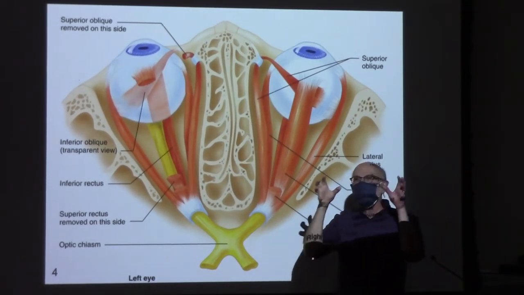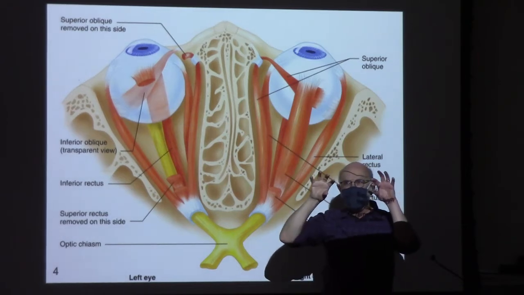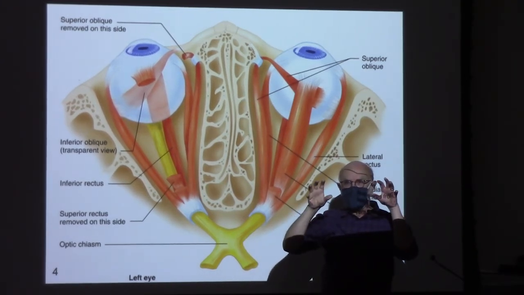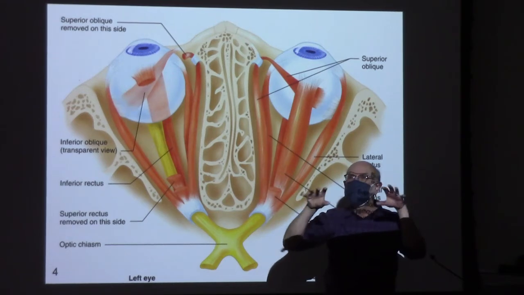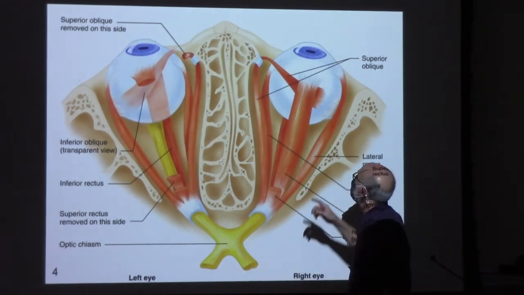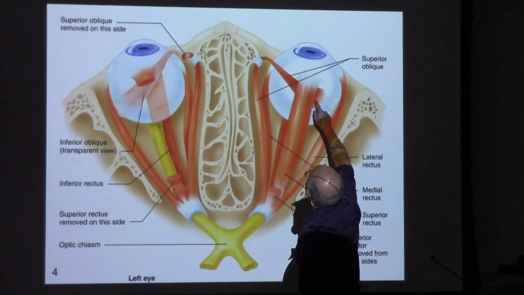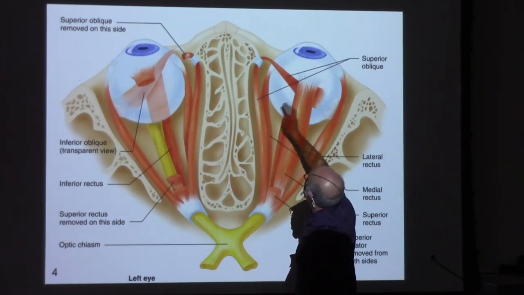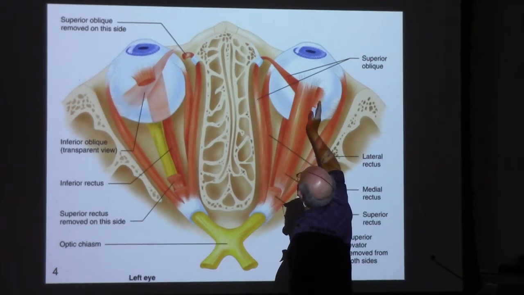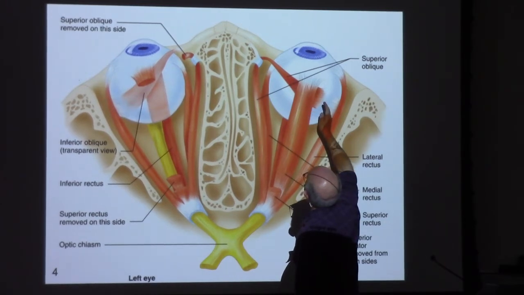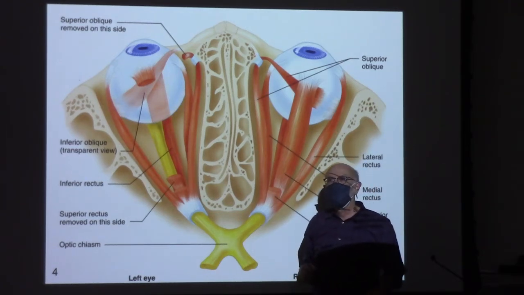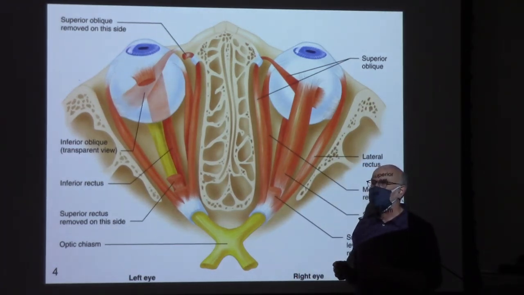What do these do? These are important for rotating the eye because we want to keep our image level. And they support. So the superior oblique assists in moving the eye laterally as well as rotationally. The physics of it get strange.